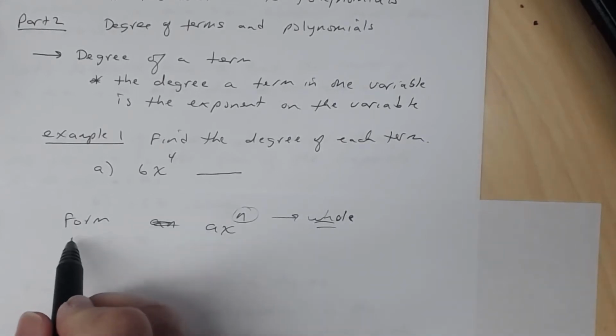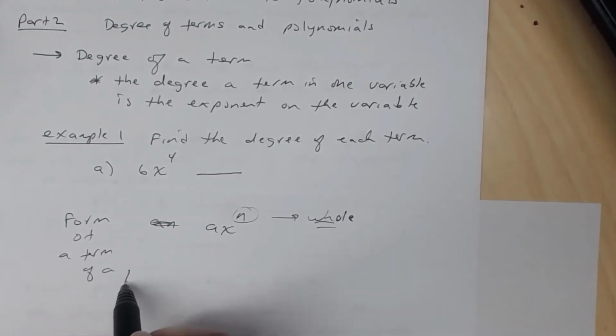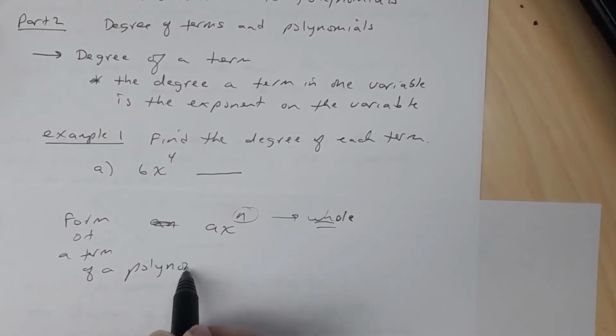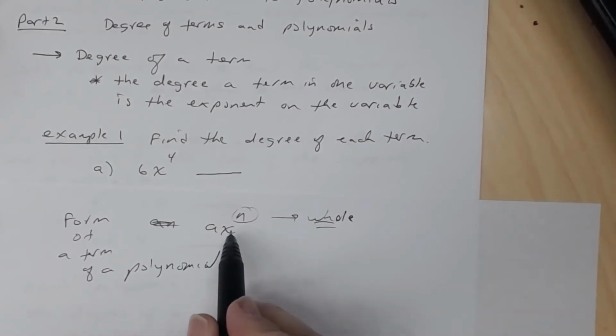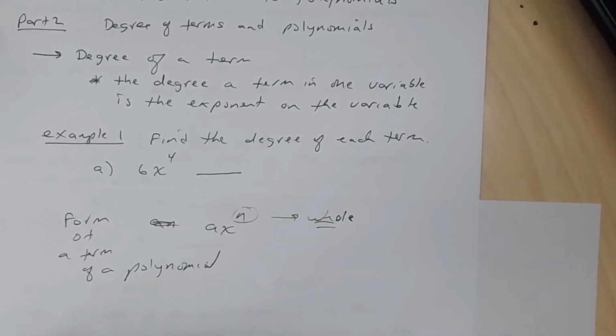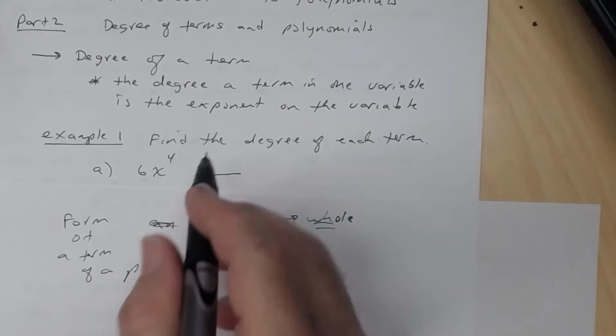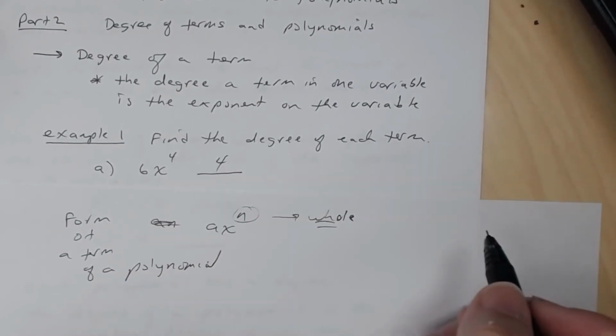So this is the form of a term of a polynomial: a x to the n power, where n is a whole number and a is any real number. So if the exponent is 4, then the degree is 4. So the degree of that term is 4.